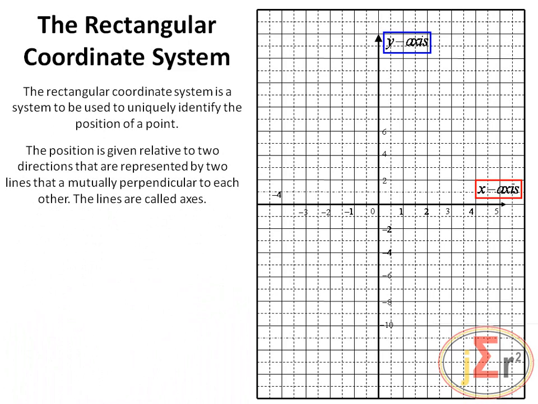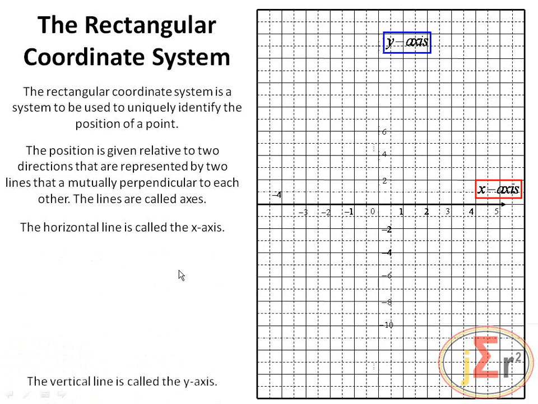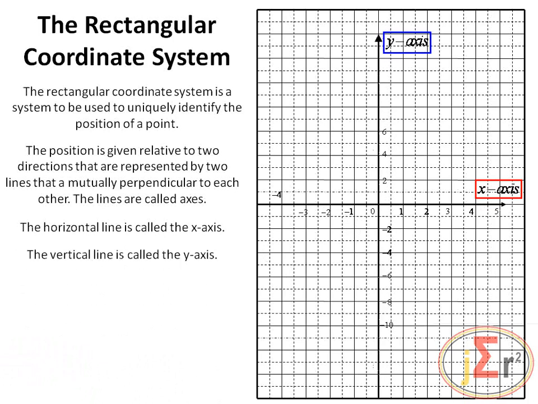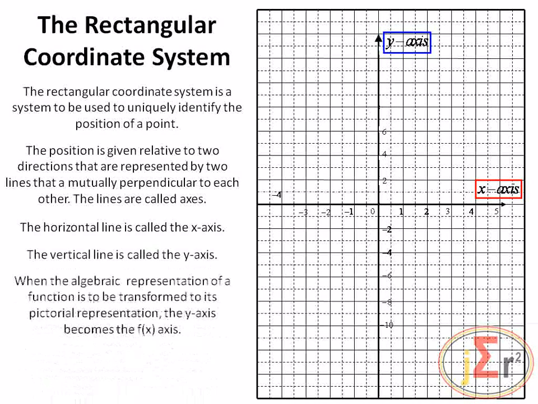So if we look in this diagram that we have over here, we will see our first axis. There it is. So that is your horizontal line, and it is called the x-axis. The other line is called the y-axis, and it is a vertical line. So there it is, your y-axis.